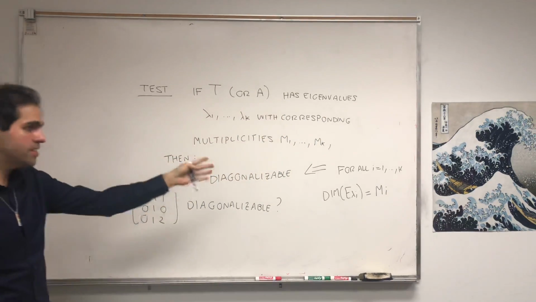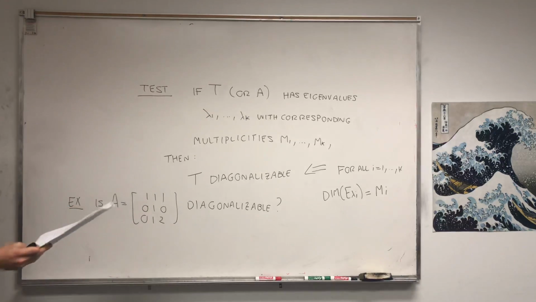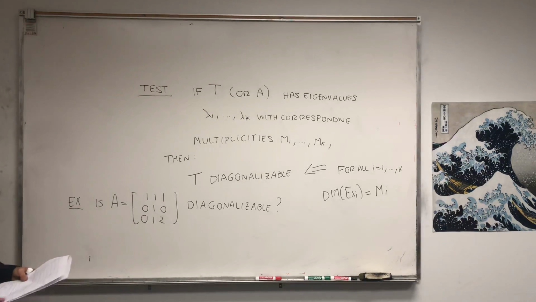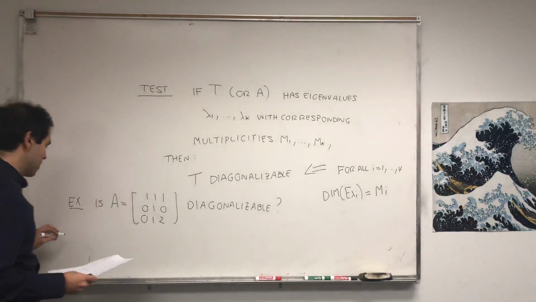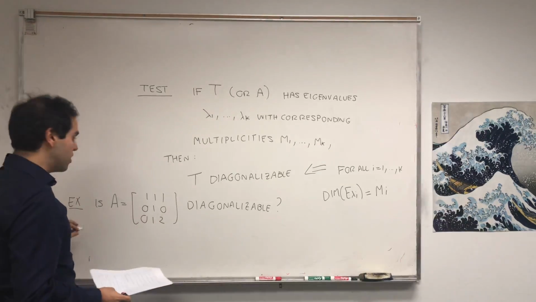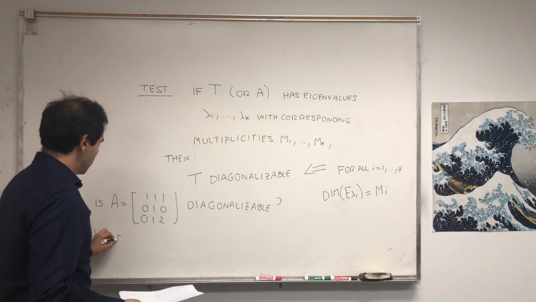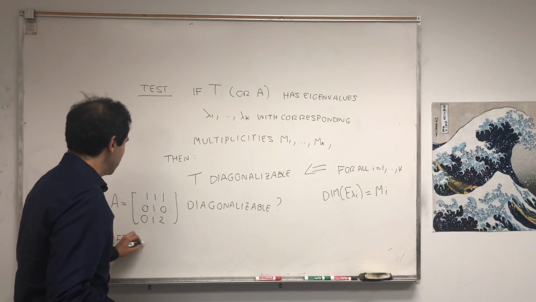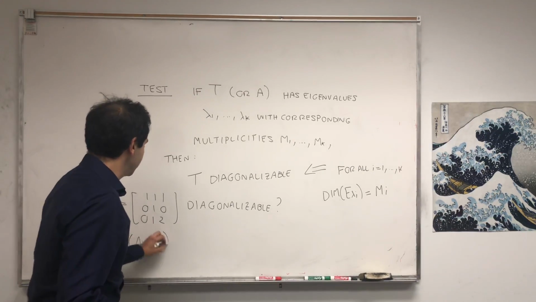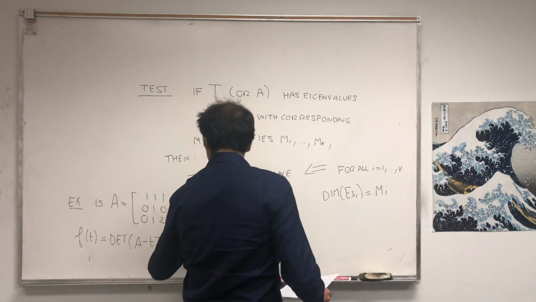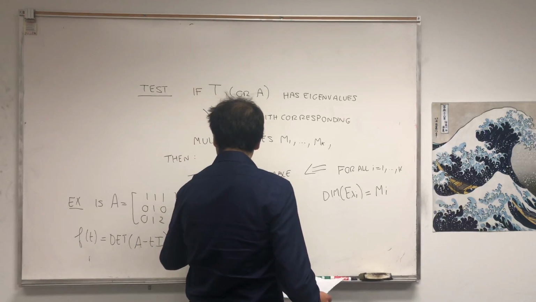Well, let's see. What this says is that we need to check that the eigenspaces are as big as possible. So first of all, let's calculate the characteristic polynomial of that matrix, which is defined to be the determinant of A minus tI, which just means you subtract t from the diagonals.